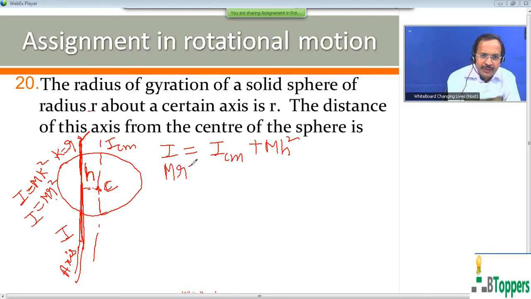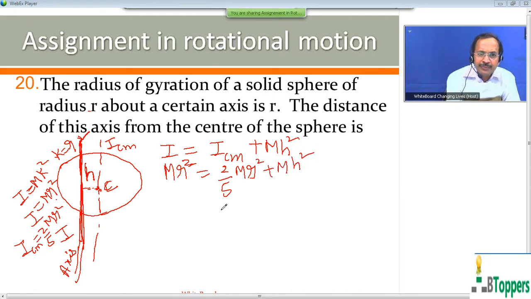As you know, moment of inertia of uniform solid sphere about any axis passing through its center of mass is given by 2 by 5 mr square. So the second term on the right side, mh square, I am writing as it is.